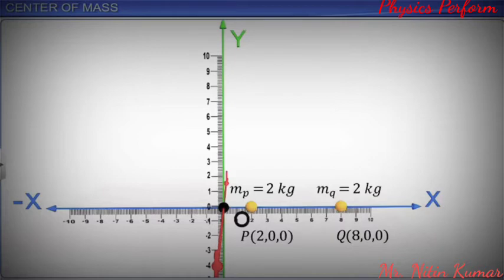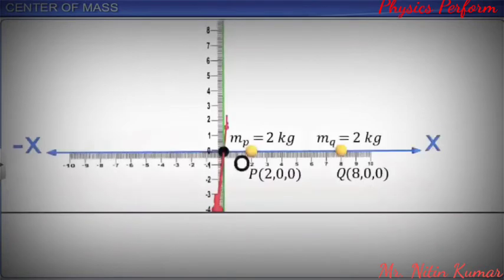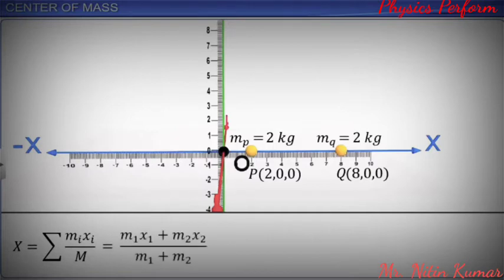x is equal to sigma mi xi by m, equal to m1 x1 plus m2 x2 by m1 plus m2, which is equal to 2 into 2 plus 2 into 8 by 2 plus 2, equal to 5.